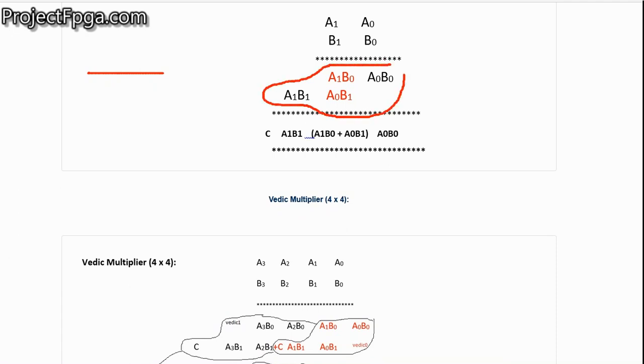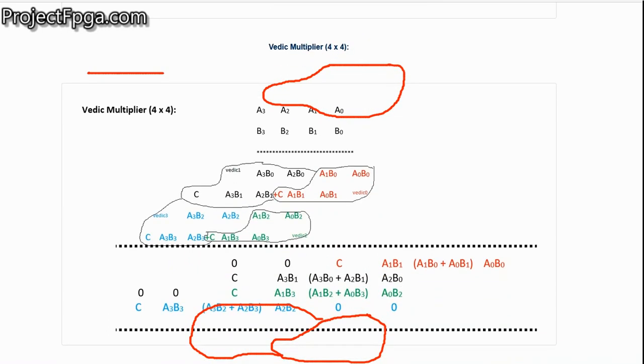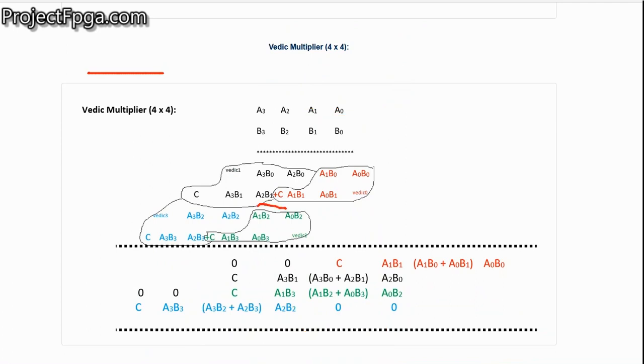You can spot it here. Then you can spot another one here also. You now spot another one here too. Then finally another one here. So this is how you will be able to spot the Vedic.